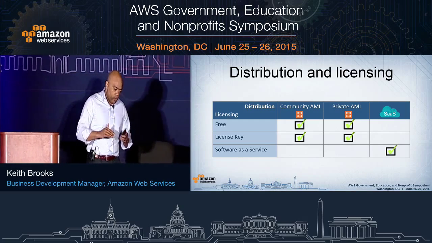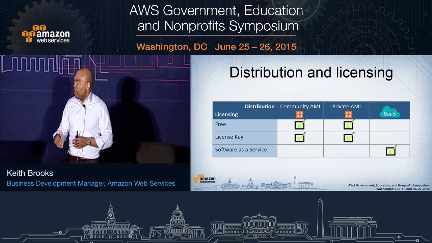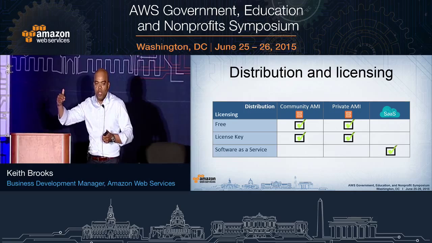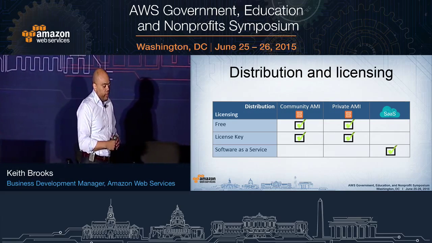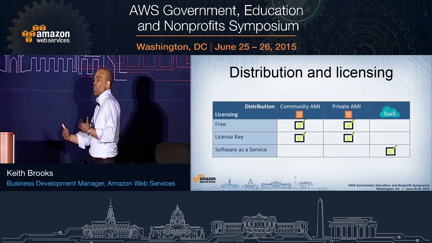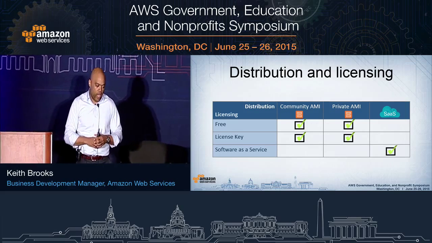And then finally, what's the relationship between distribution and licensing? This is just a quick matrix that shows that from a no-cost or license key perspective, you can take advantage of that with both community Armies and private Armies. And then obviously, because software as a service is both a licensing and distribution method of delivering software, that's pretty much in a category of its own.